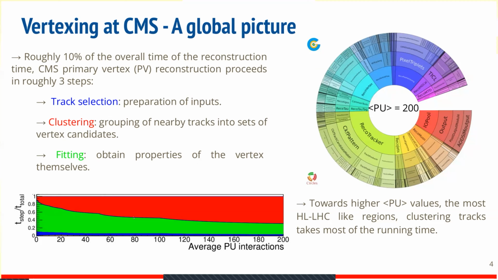If you look at the time splitting plot in the bottom left, as we go towards harsher conditions, towards higher average pileup interactions, towards run 3 and mostly these phase 2 conditions of the LHC, this clustering step is taking most of our time, and so this is the one we want to tackle.